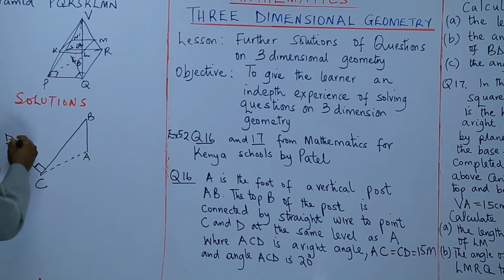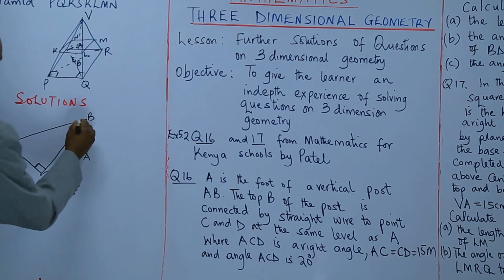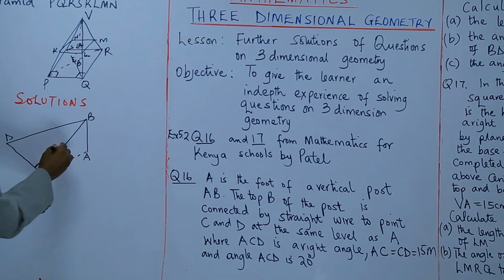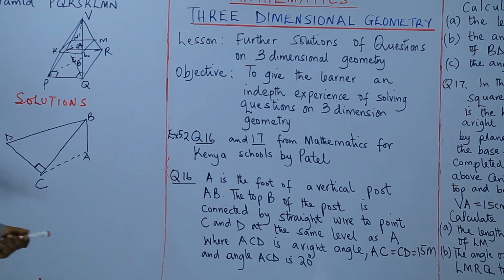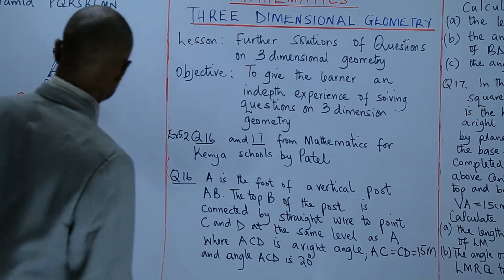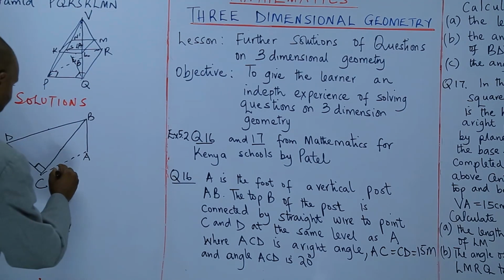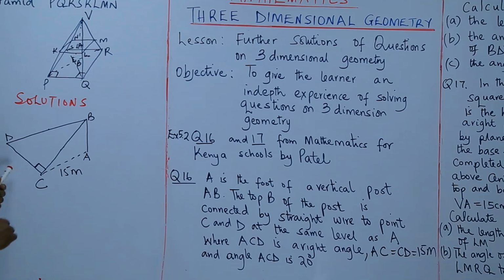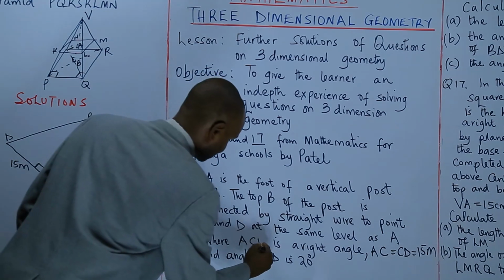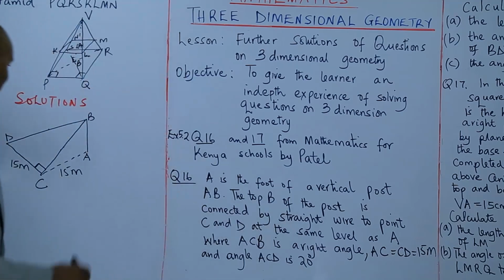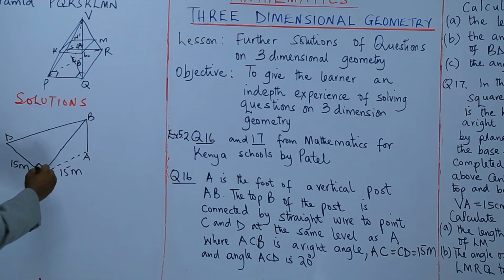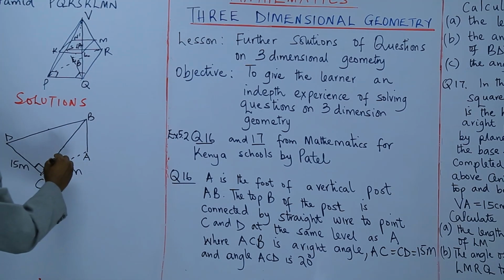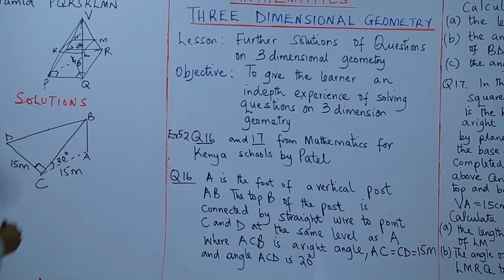This is also the wire. So this is a wire and that is a wire. These are the two wires. Is there anything else given? Yes, AC is 15 meters, CD is 15 meters, and angle ACB is 20 degrees.